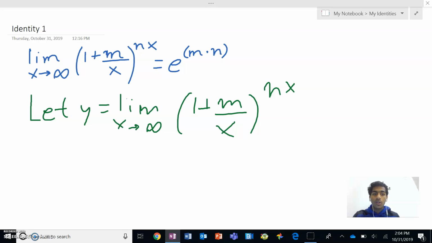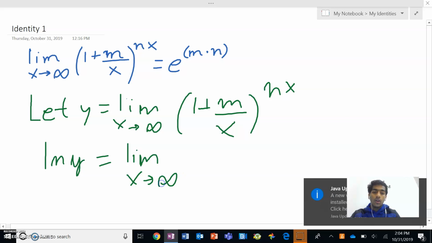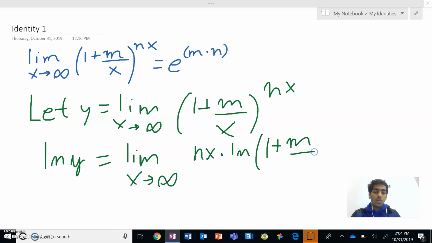I gave it away earlier, but I will need to take the natural log of this function first in order to achieve a 0 times infinity at the least. So in this case, the natural log of y would be equal to the limit as x approaches infinity of nx times the natural log of (1 + m/x).